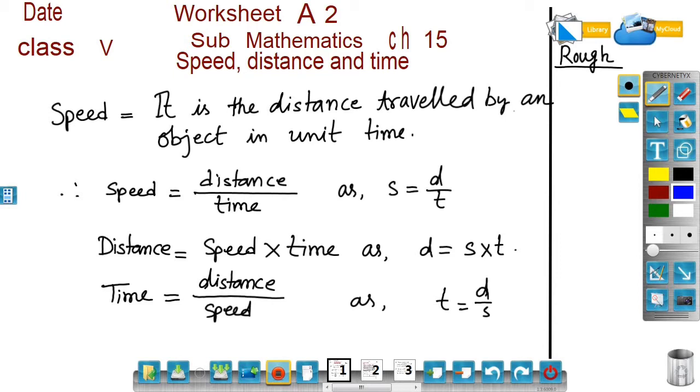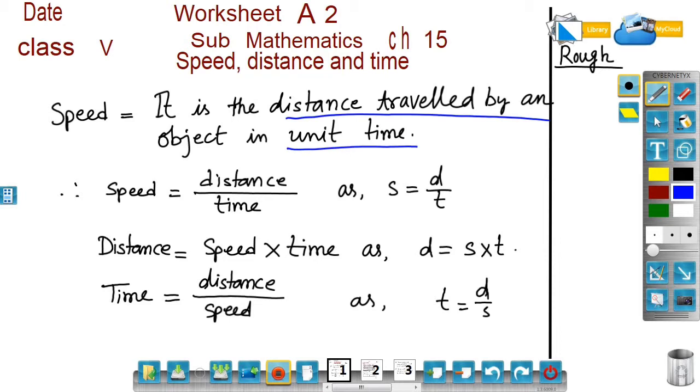Distance means a particular point that is covered by an object within a time. But what is speed? Speed is the distance traveled by the object in unit time.